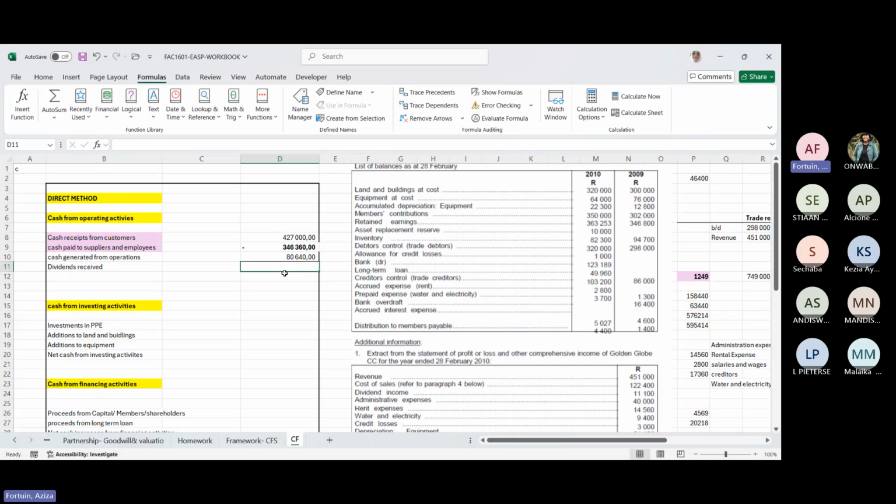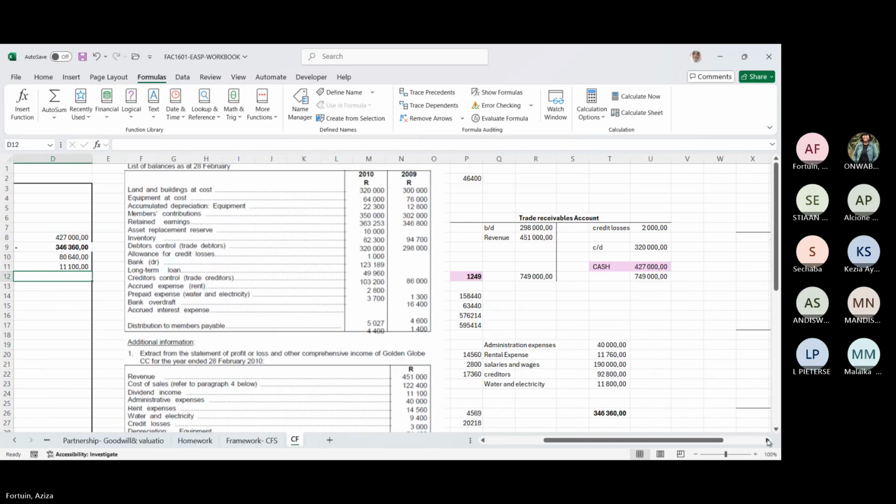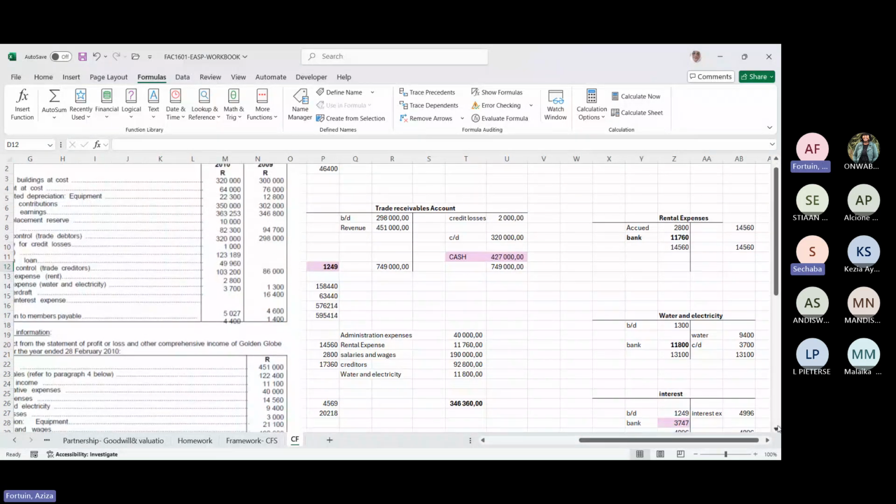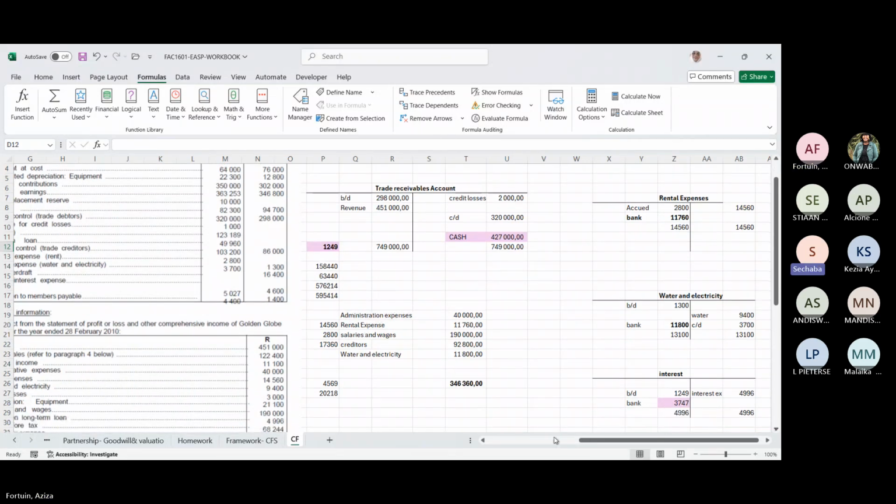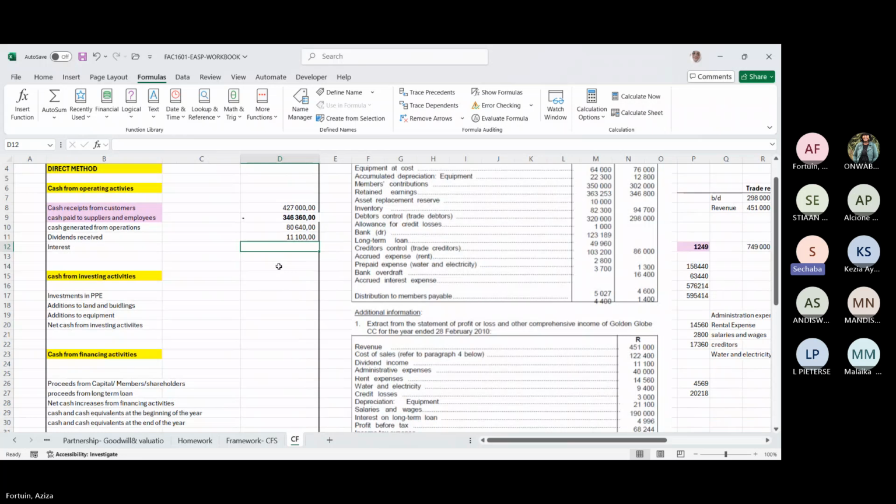Okay, dividends received, yeah, 11,100. Right? And then we had interest. How much was the interest, somebody? 4,996. Don't lie, it was 3,747. Oh, we made a mistake. I didn't even fix it. Sorry.